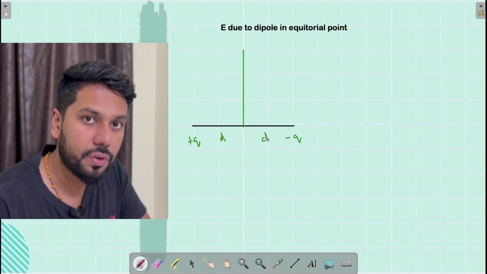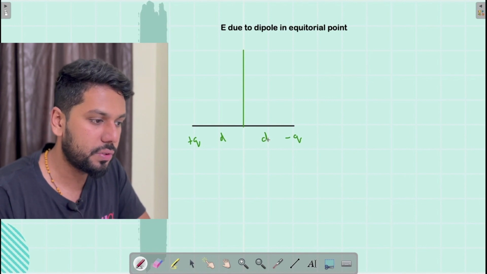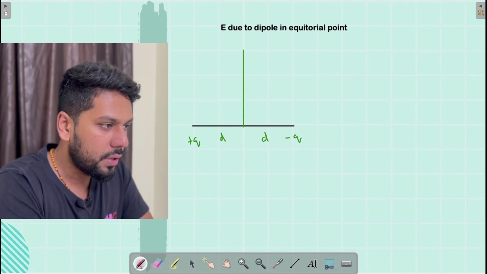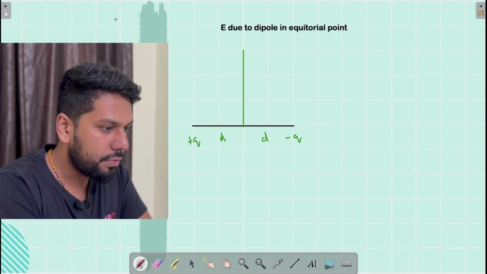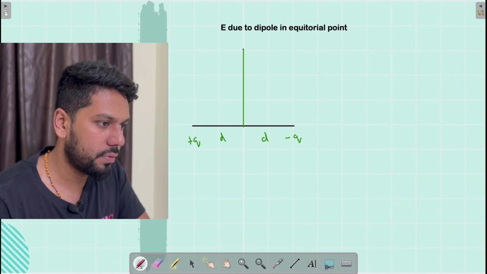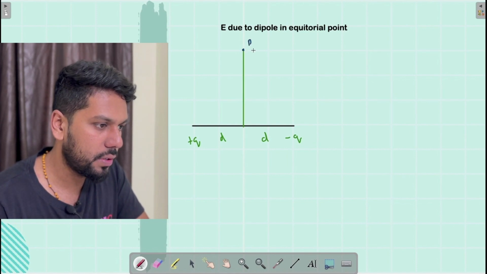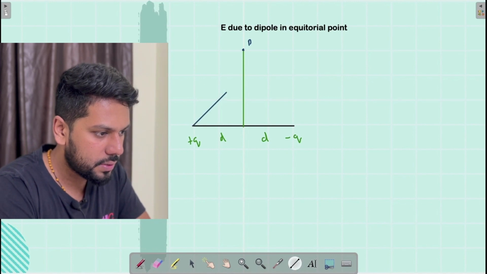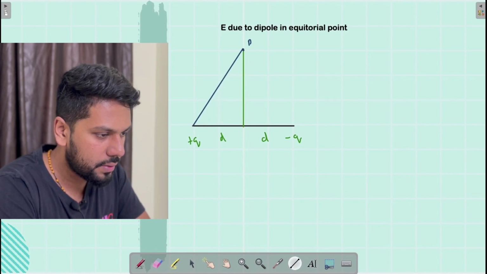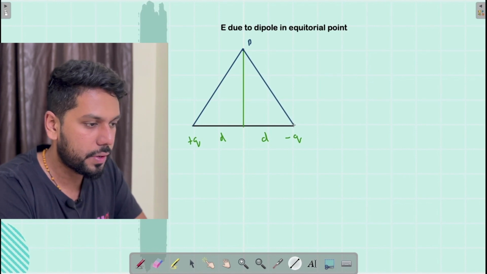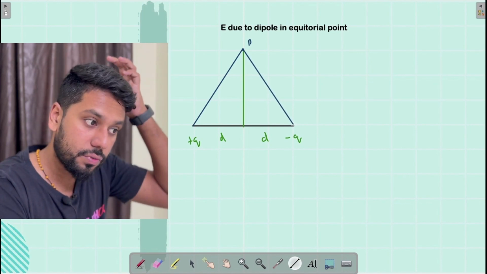This distance is also D because the total distance between the two charges is 2D. Now, if I want to find the electric field at this point, I need to draw a triangle, isn't it? I'll get a triangle like this, and also a triangle like this.